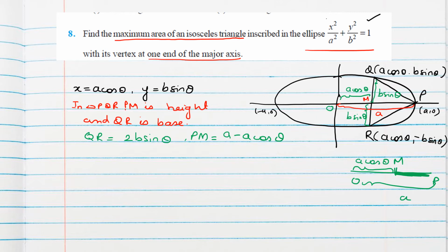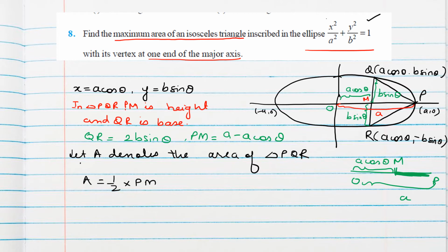Okay, so now we'll apply the formula. Let A denote the area of triangle PQR. So A will be half PM into QR, but PM is a minus a cos theta, and QR is 2b sin theta. 2 will go here.